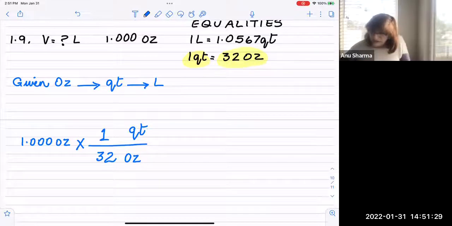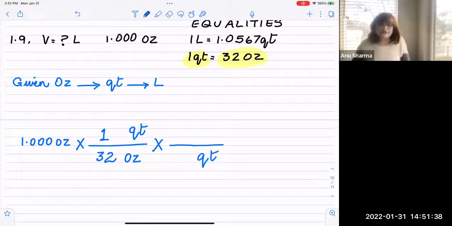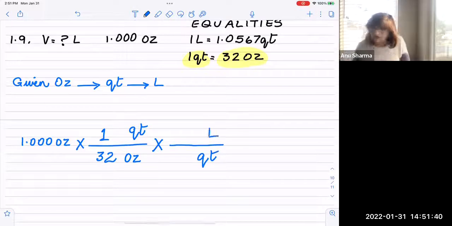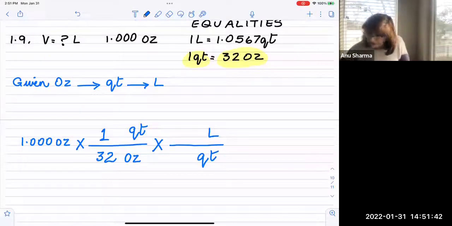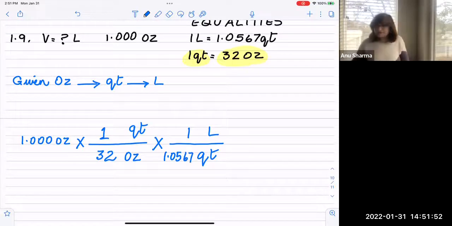So that's one piece. Next, we are not going to stop here because we need to convert the quarts to liters. So quarts need to cancel out and liters will remain on top. What is the relationship? We know that 1 liter is equal to 1.0567 quarts.